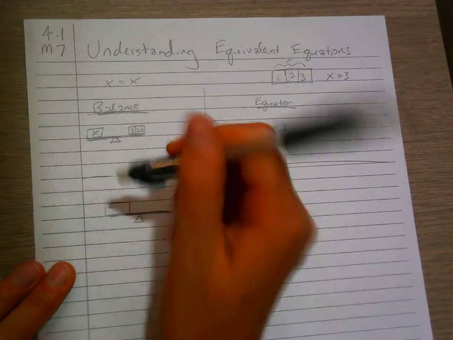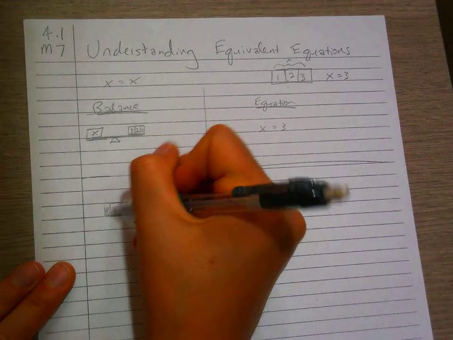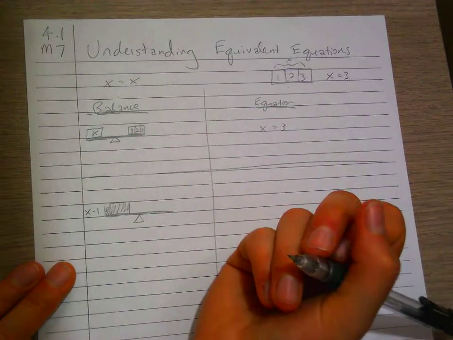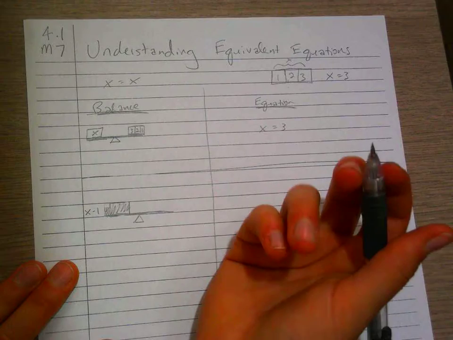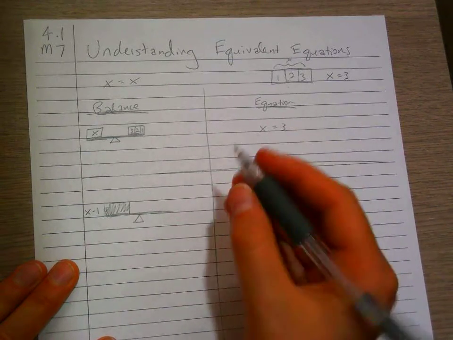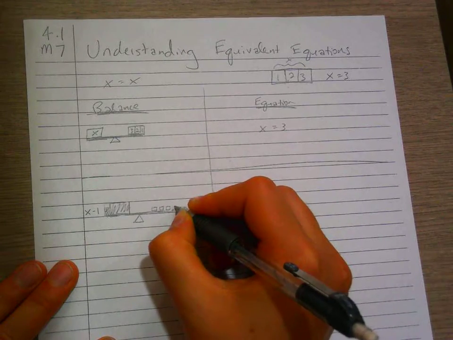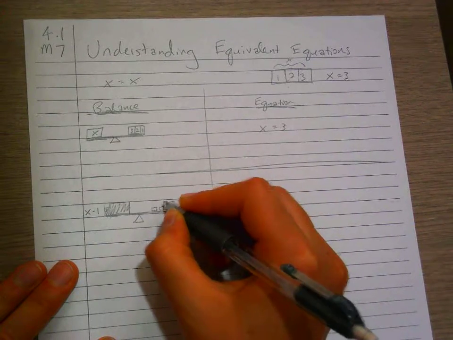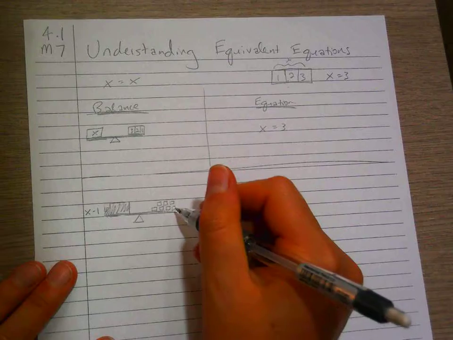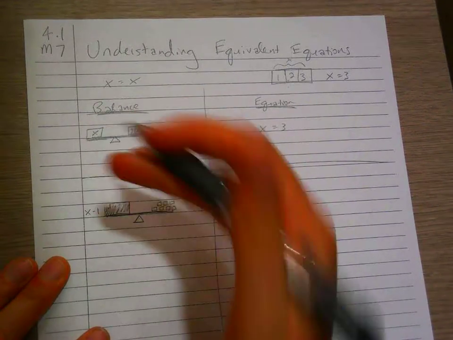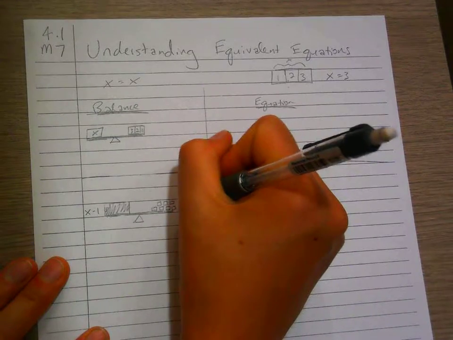The rest is our x. So here we have x minus 1. Now the other side, we have 7 little blocks. If we were to squeeze these all together, they would be equal to this. See, our balance stays the same. So those 7 little blocks are equal to x minus 1.